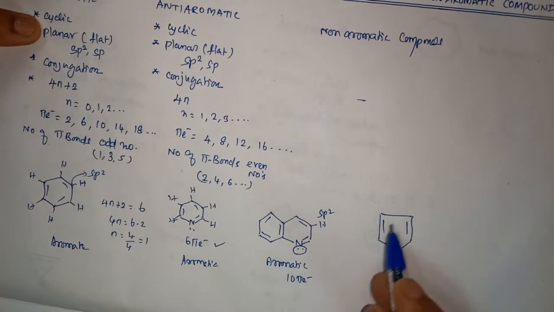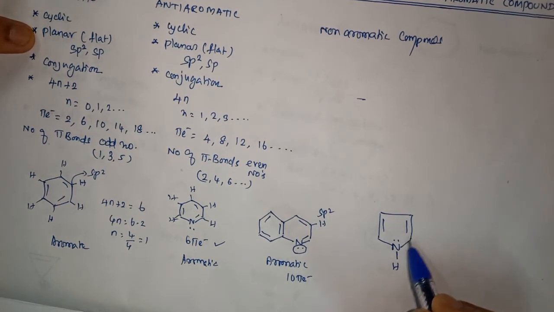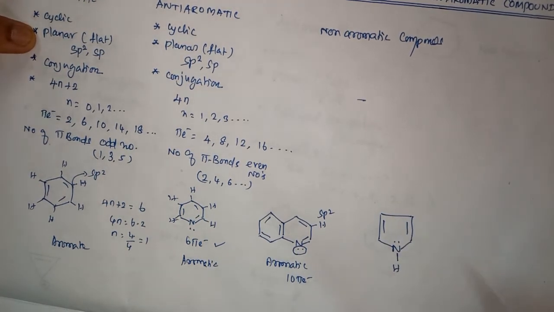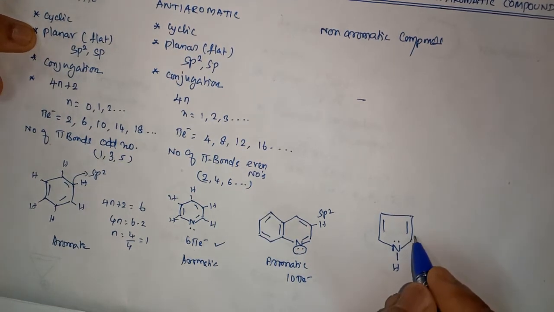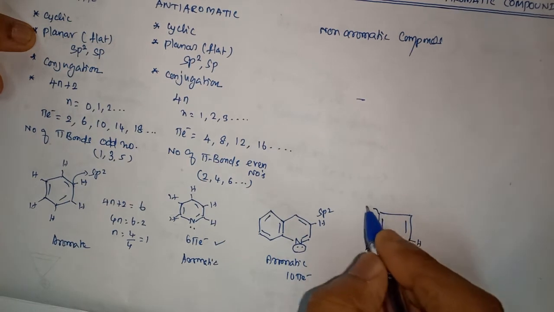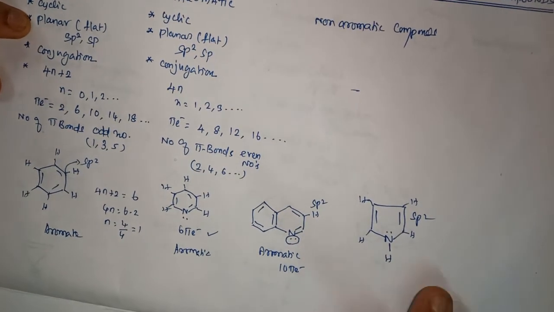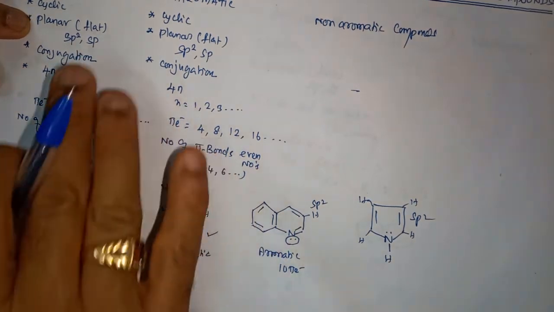Yes, it is a ring compound. Is it planar? Yes, it is. All these are sp2 hybridization. Here also 1, 2, 3 hydrogens, only one hydrogen each here. It is sp2 hybridization, and if it is sp2 hybridization, it is planar.